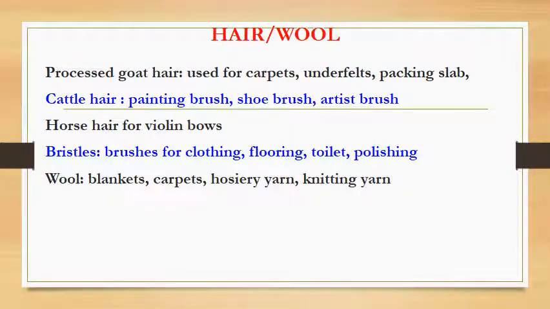And wool, of course, if it is good quality, can be used for clothing. Otherwise, if it is coarse, it can be used for carpets or blankets, hosiery yarn or knitting yarn. We will discuss more details, because for wool we have a separate unit, where we are going to discuss much more about the utilization, processing and grading of wool.